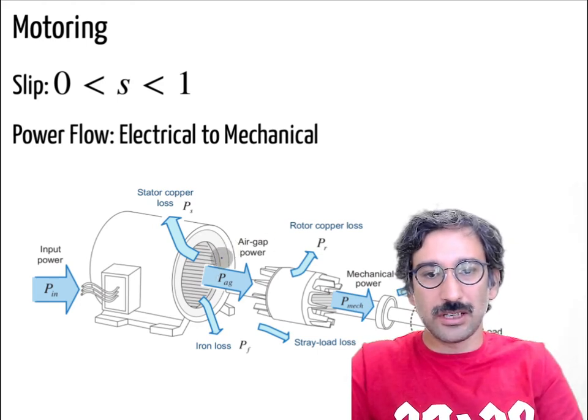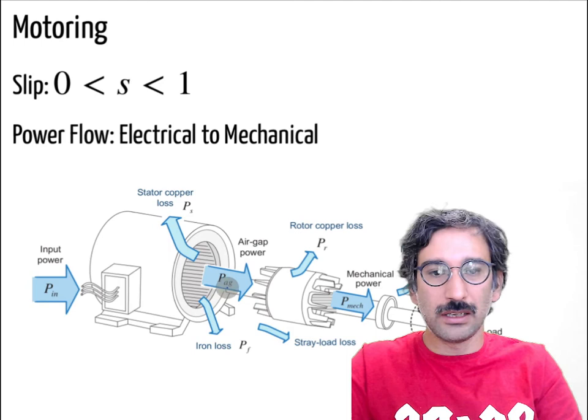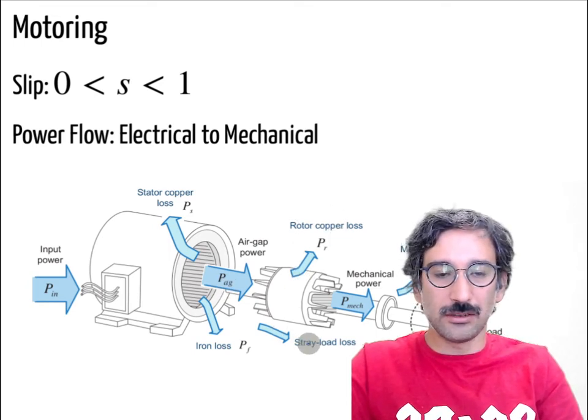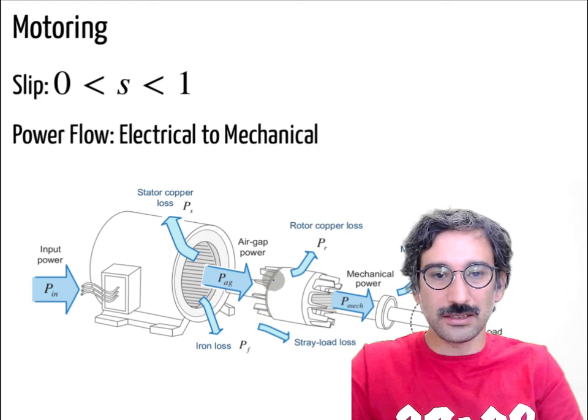Then, remember, in the equivalent circuit we are going from the stator side to the rotor side, and that transferred power is called the air gap power. Then on the rotor side, we have the rotor copper losses and other extra electrical losses, like the currents in the end rings.